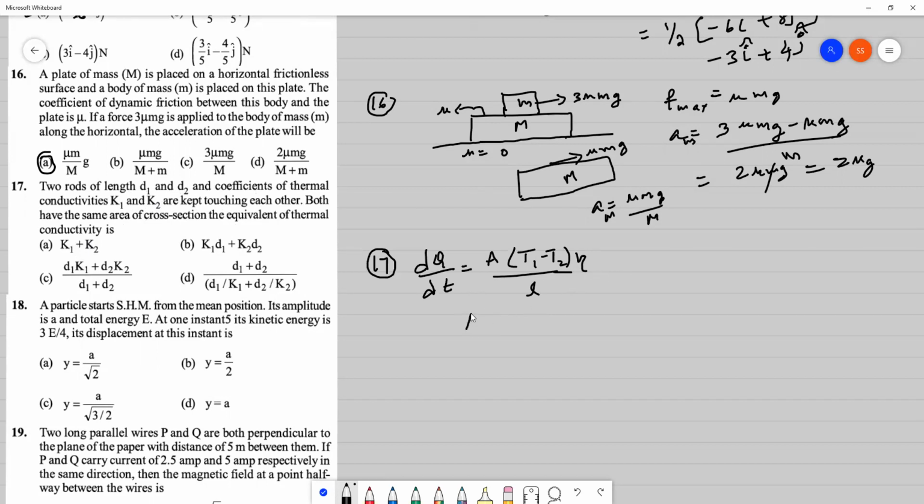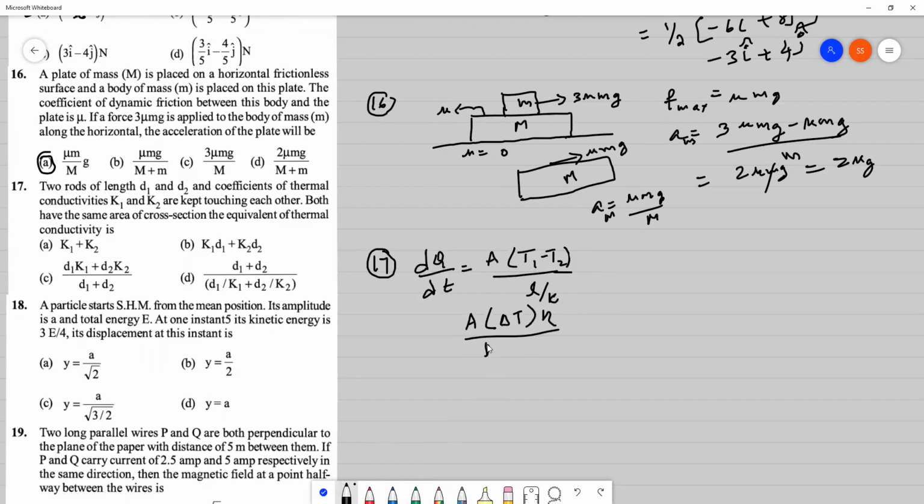In the first case, it will be A times the difference in temperature, delta T, into eta divided by length, L by K. Sorry, this is only K. Instead of eta, they are giving you K here, so I'm substituting that K here.